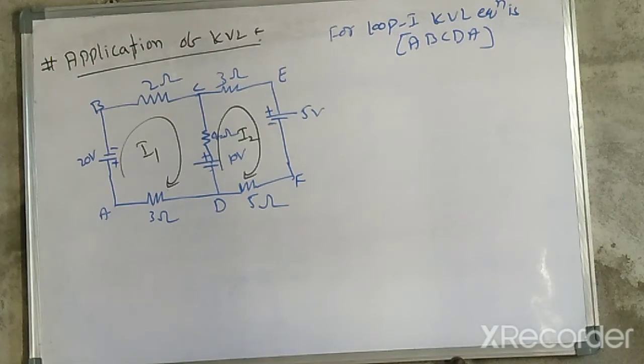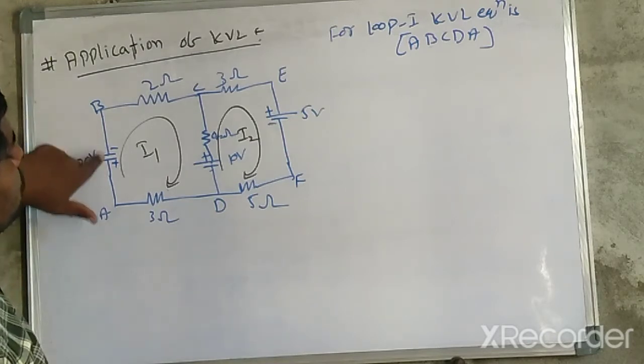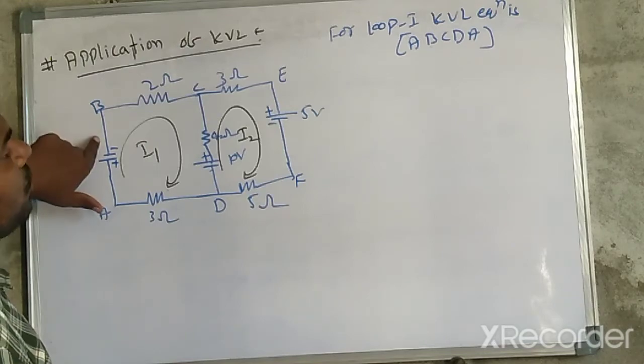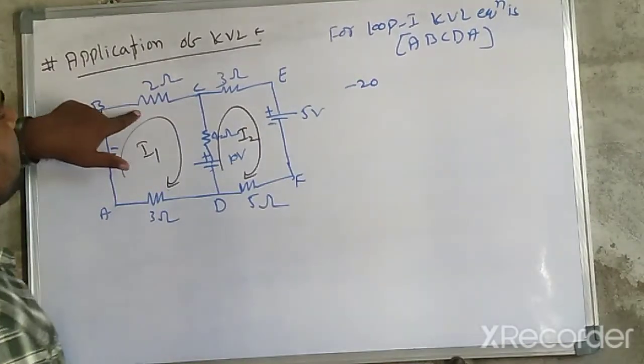So how to apply the KVL rule? Here the potential is positive or negative. If the current moves lower to higher, it is positive potential; higher to lower, negative potential. Here the current moves positive to negative, meaning higher to lower. That's why minus 20 volt coming here.